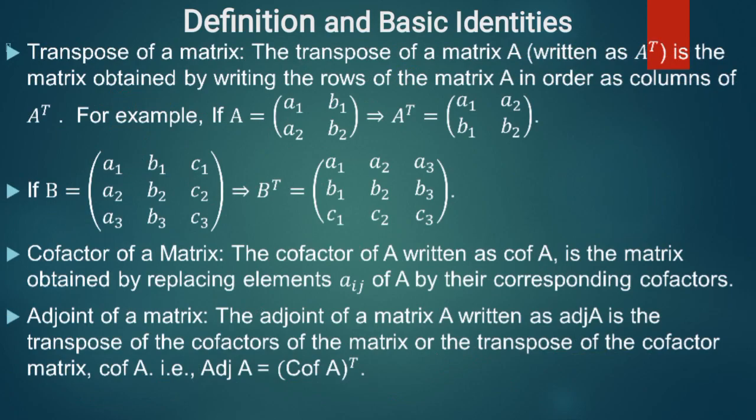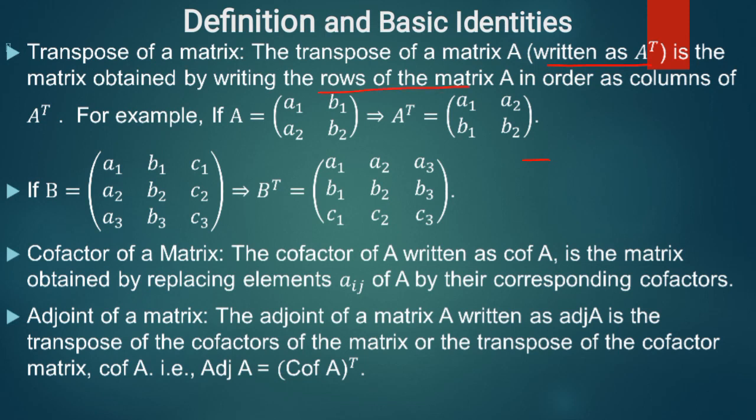Let's continue now. The next thing you need to know is what we call the transpose of a matrix. What do we mean by transpose? When they say find A transpose or B transpose, you're just simply saying A with a capital T on top of it. But what does it mean? It means simply you should write your rows as columns.